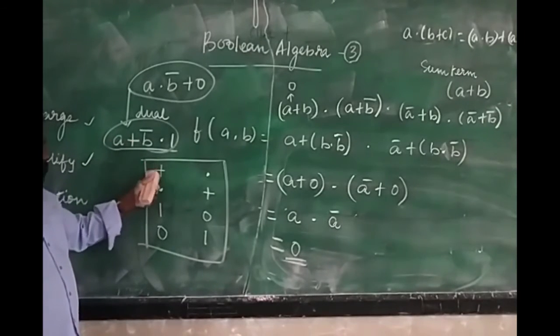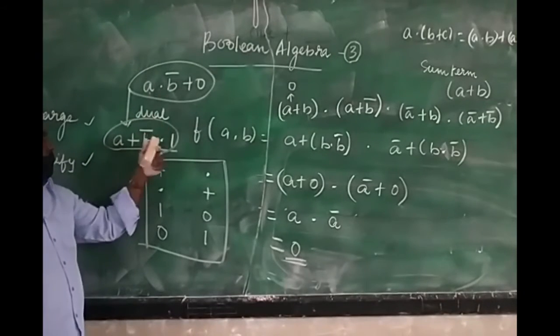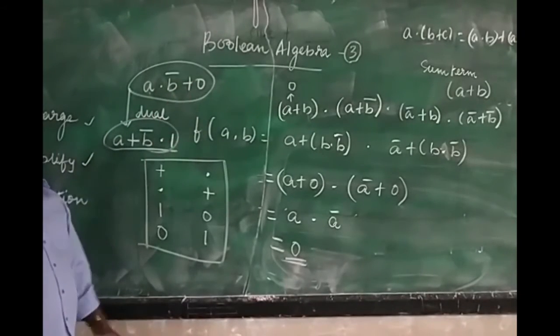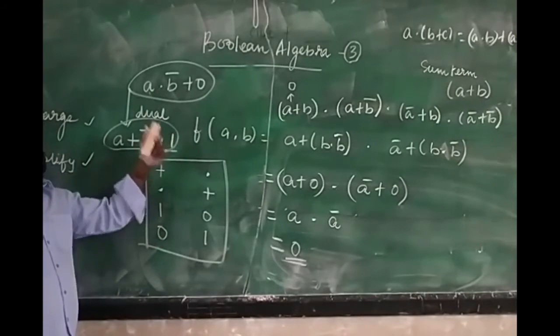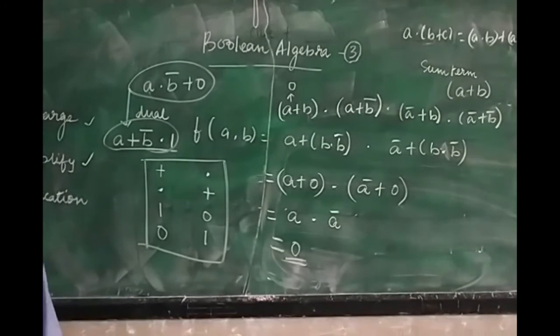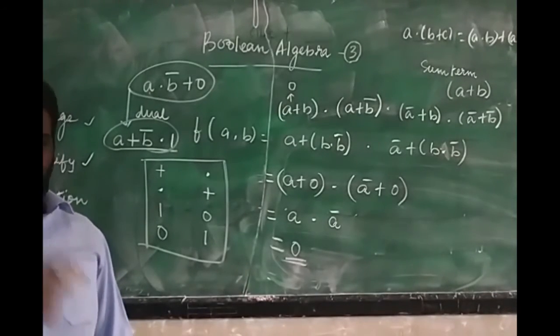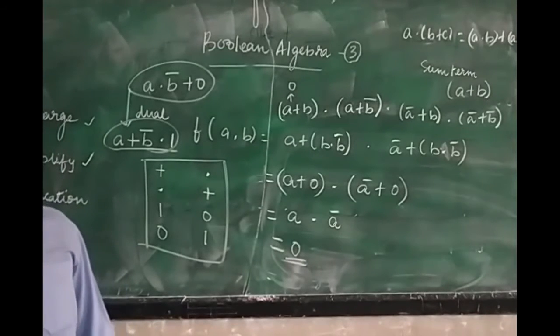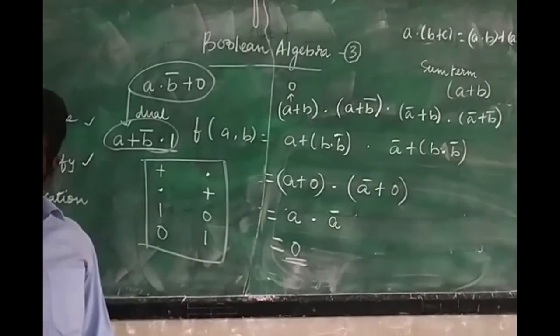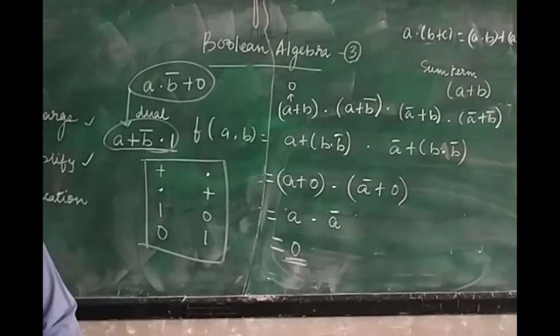In order to find the dual, you have to convert dot into plus, plus into dot, 0 into 1, and 1 into 0. So for every expression we can find the dual expression, for every function the dual function, and for every theorem the dual theorem. This is the understanding of duality.